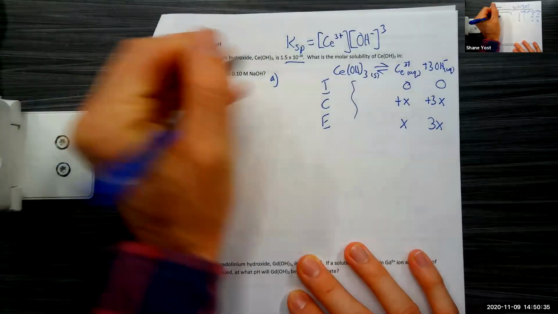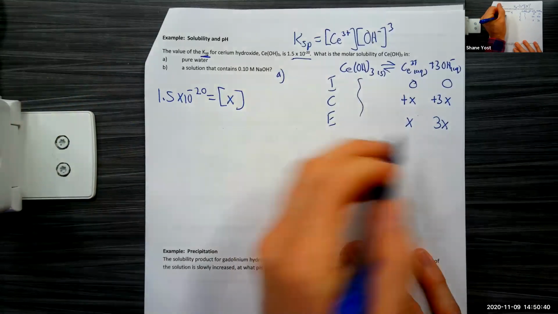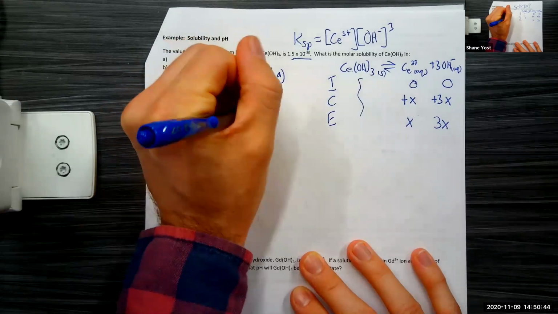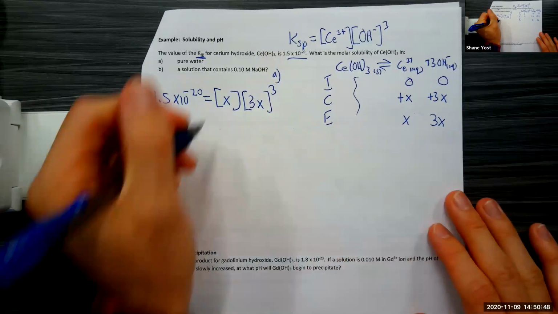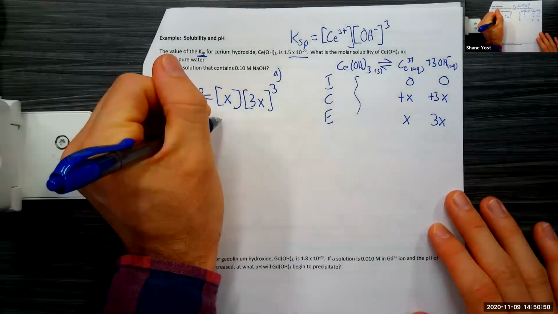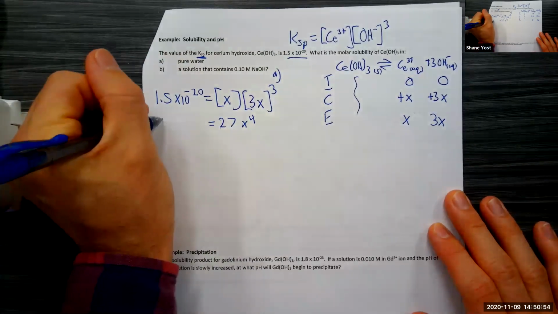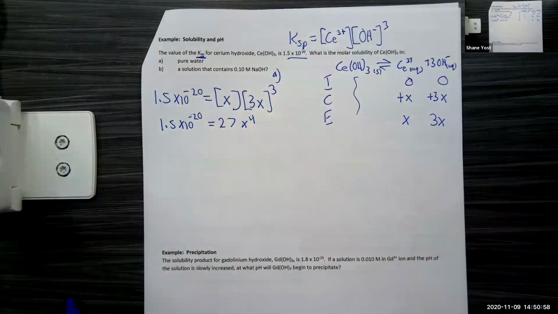And that equals the concentration of cesium ions, which is X in an ICE chart, times the concentration of hydroxide ions, which is 3X, cubed. This right side simplifies down to 27X to the 4th, and that equals 1.5 times 10 to the minus 20. Any questions so far about what we did, why we're doing it, and how we're doing it?